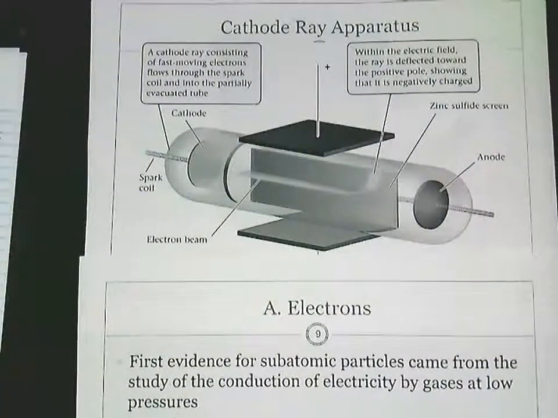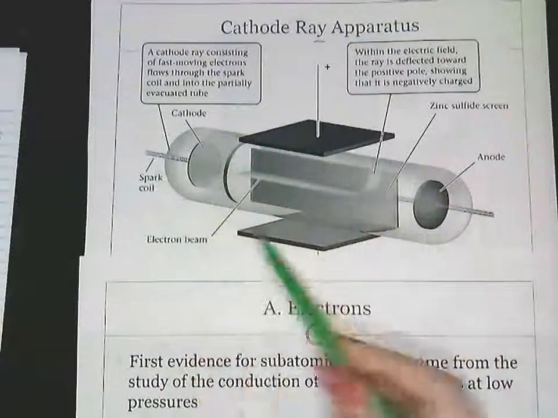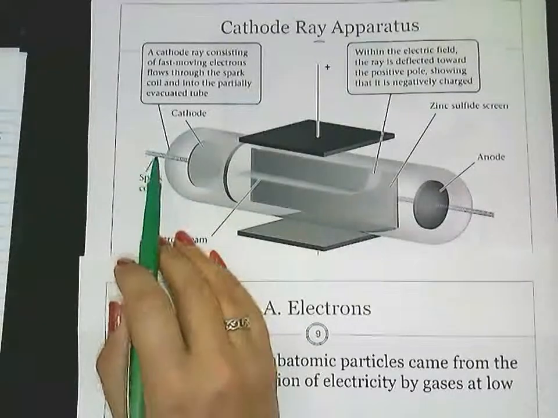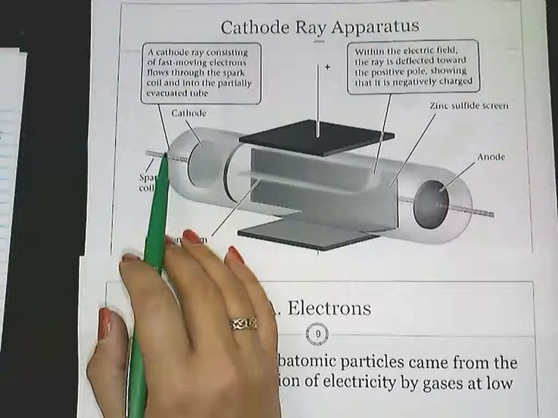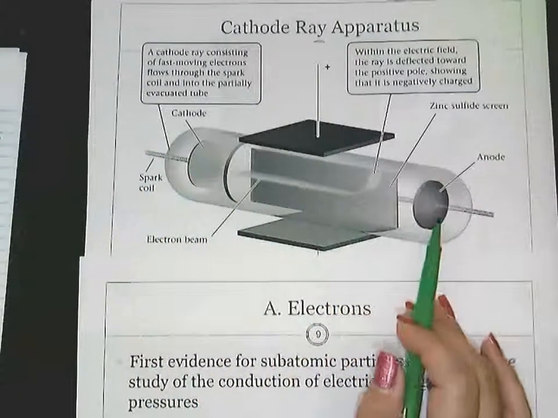He designed this experiment where this tube contains gas, and he would send negatively charged particles. He didn't call them electrons at the time. So negatively charged particles would pass from this end to that end.